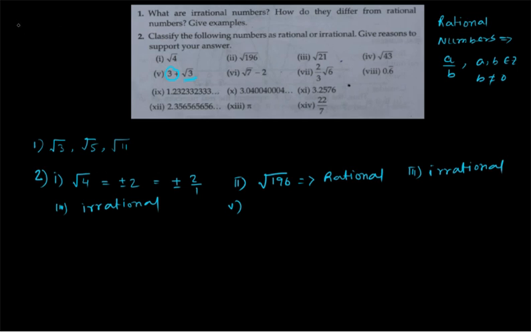That's irrational. Remember, rational number plus or minus a irrational number is always a irrational number. So that means we can see it's a rational plus a irrational. So the answer will be irrational.